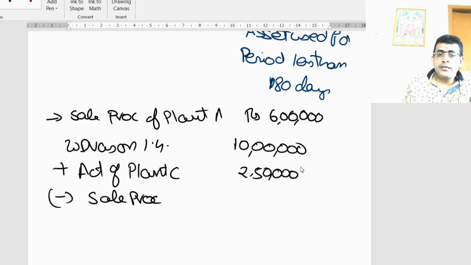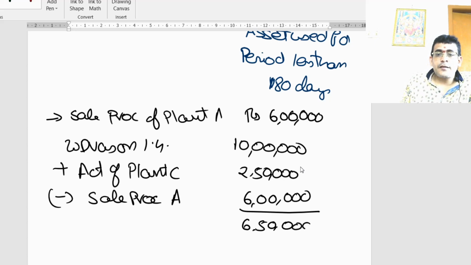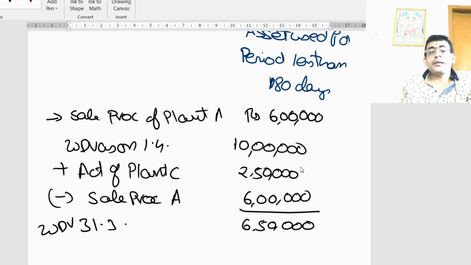Plant A was sold for 6 lakhs. So 10 lakhs plus 2,50,000 minus 6 lakhs is going to give you 6 lakhs 50,000. So my closing WDV is 6 lakhs 50,000. That means WDV as on 31st March, closing WDV, is 6 lakhs 50,000.